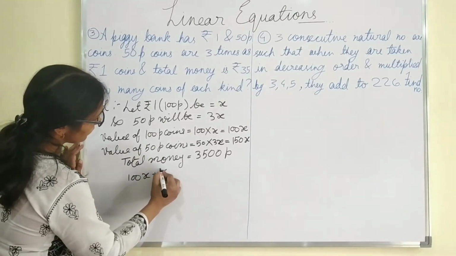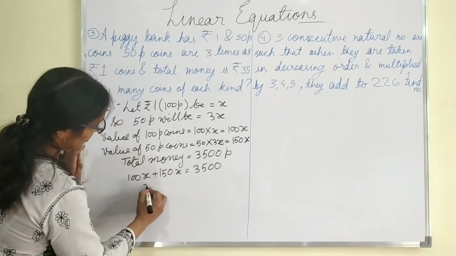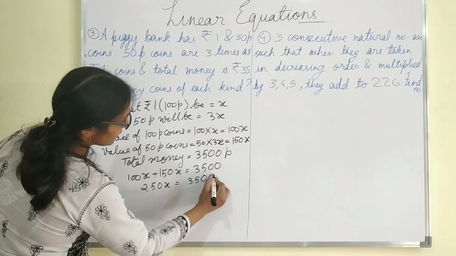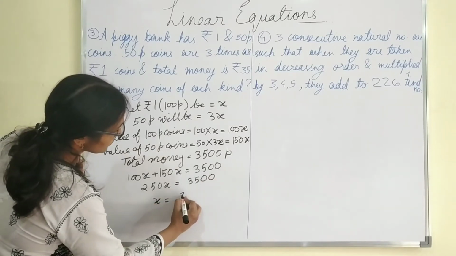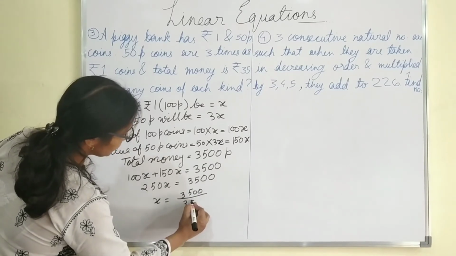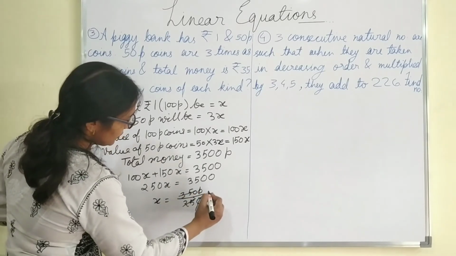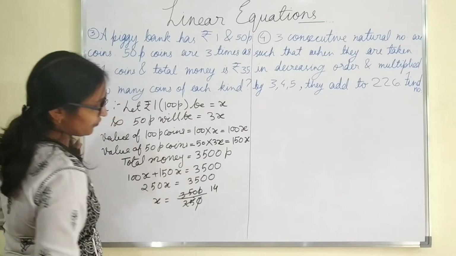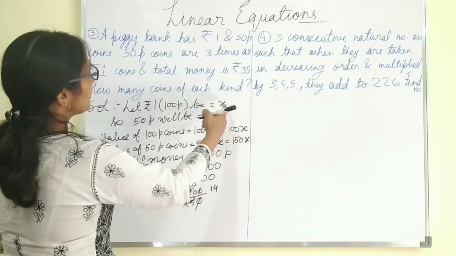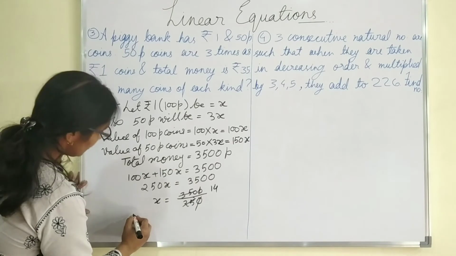100x plus 150x equals 3500. 250x equals 3500. x equals 3500 divided by 250. 25 ones are 25, 25 fours are 100. So x, the number of rupee 1 coins, will be 14.